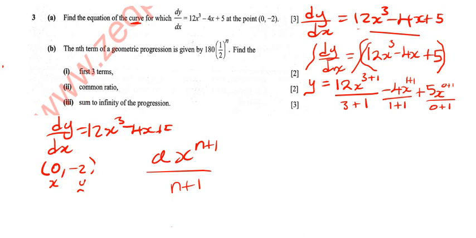It is more like this. When we are finding dy over dx of 5, it will be like 5x to the power 0, because we know that any number to the power 0 is a 1.